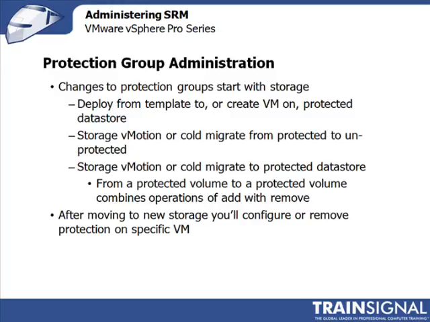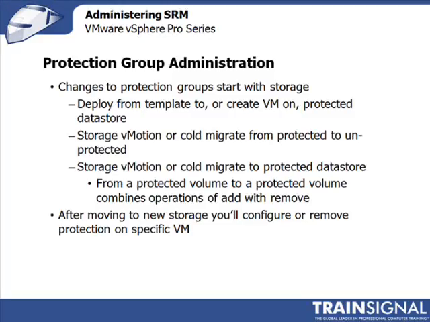There are going to be three major options for how you can add or remove protection from virtual machines, which we'll discuss. Deploy from template or creating a new virtual machine on a protected data store is one of the common ways that you can add protection to a VM. Once you're done with that, you would then configure protection on the new VM, which will show you the distinction between that and just placing the VM on the data store.